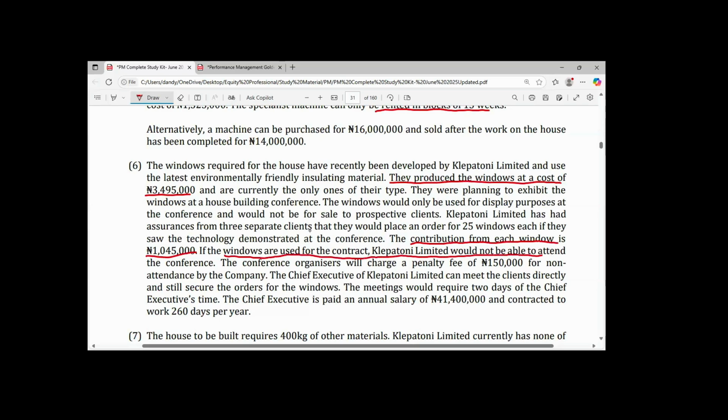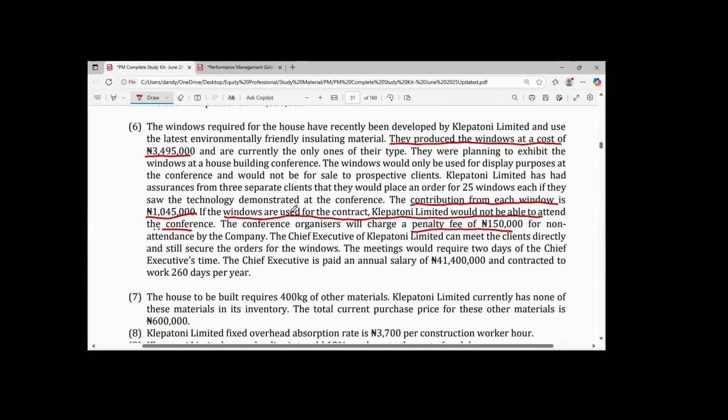The chief executive of Clepatonic Limited can meet the client directly and still secure the order for the windows. The meeting would require 2 days of the chief executive's time. The chief executive is paid an annual salary of 41,400,000 and contracted to work 260 days per year. 7.